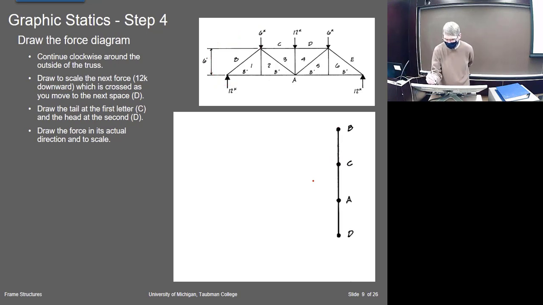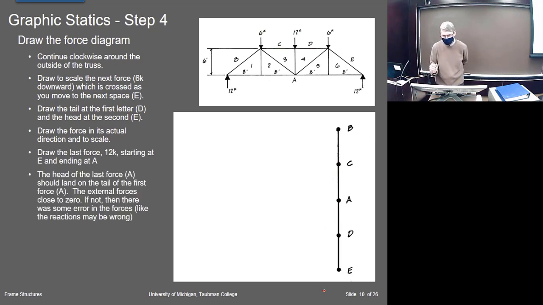And then I simply continue. The next one is a 12. It goes from C to D. So here was C, and I go down to D, which will be 12. I do this to scale, obviously, right? And then the next one is 6. That'll be D to E, and that picks up at D and goes down to E, 6 units.